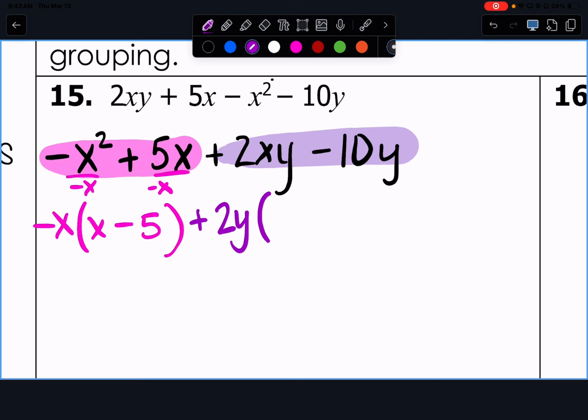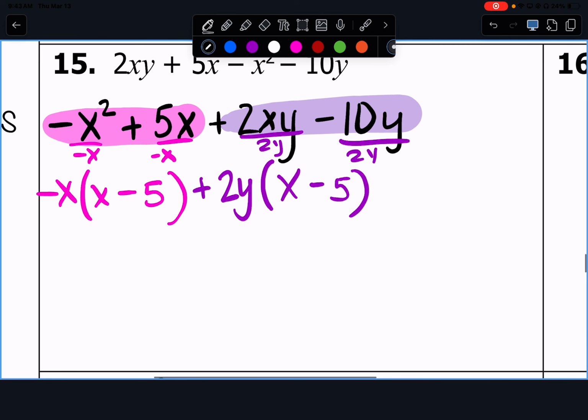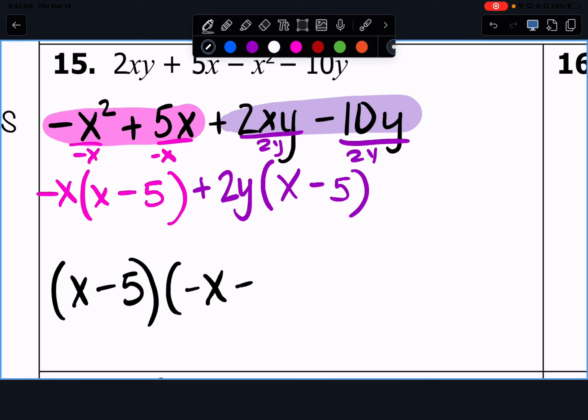And so that will leave us with x, because we divide that by 2y, and this by 2y. Negative 5. All right. My final answer will be written as x minus 5, and then negative x plus 2y. There we go.